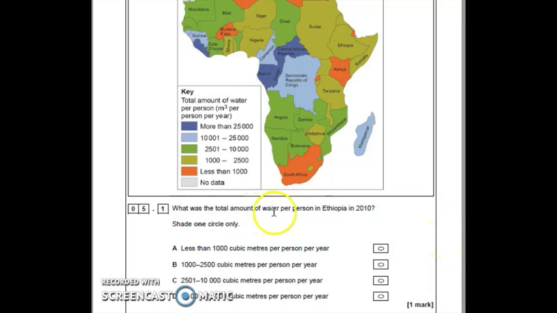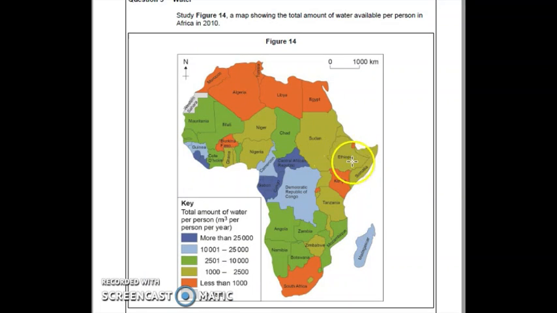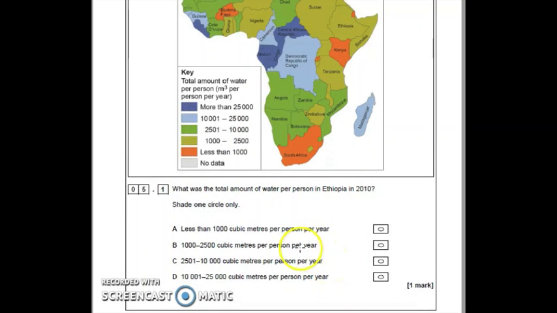What was the total amount of water per person in Ethiopia in 2010? This question could not be easier. All you've got to do is find Ethiopia on the map, which is this one here. You've then got to use the colour, look at the key, and then the correct answer is B. So just shade that one in.